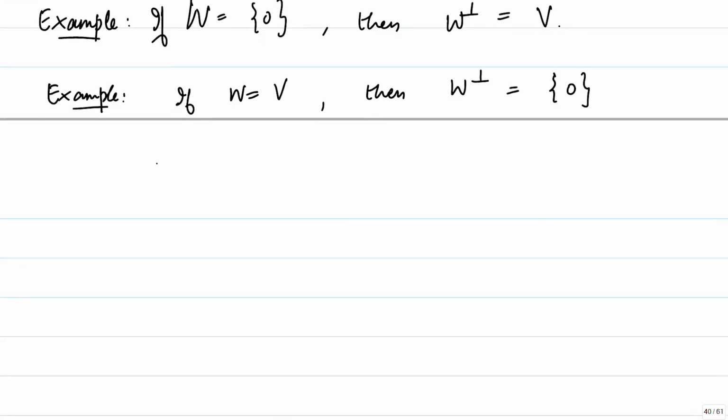The reason for that is, see, what are the vectors in the orthogonal complement of W? This will be those vectors which are orthogonal to every vector in capital W, right?